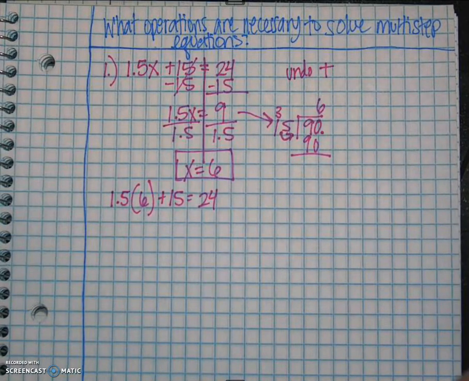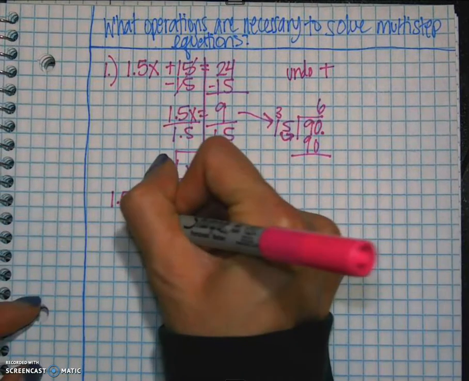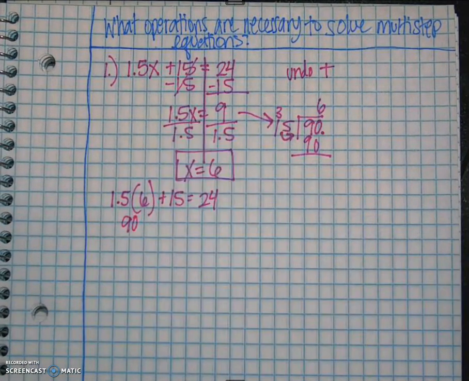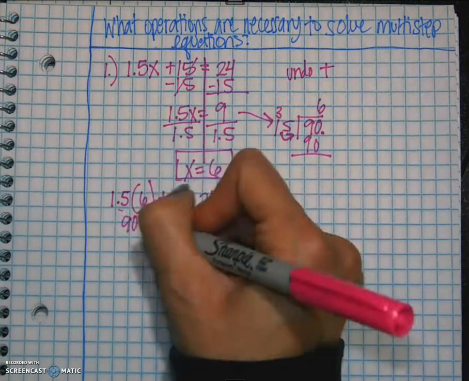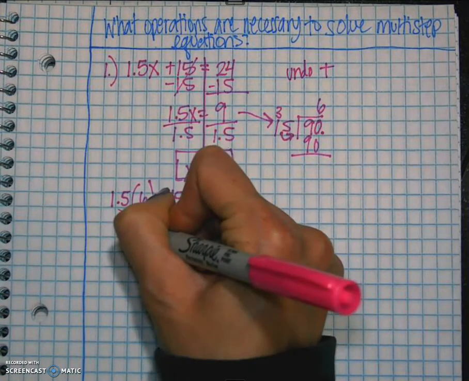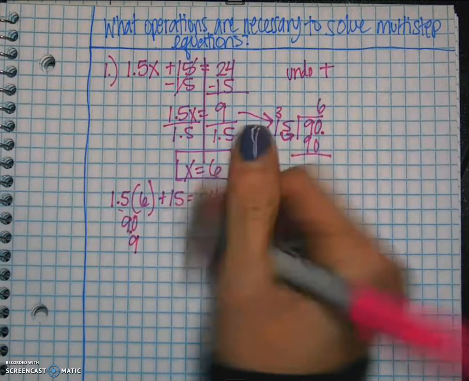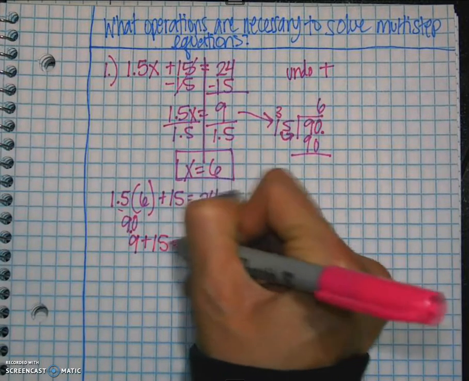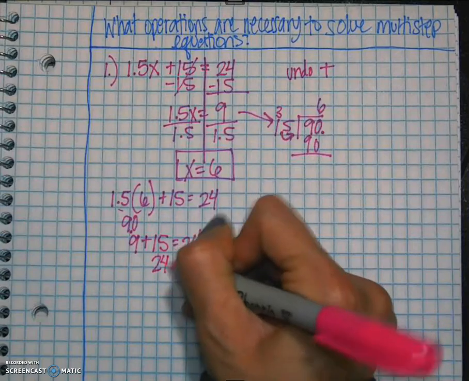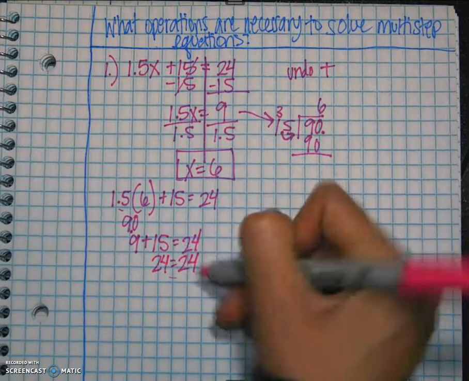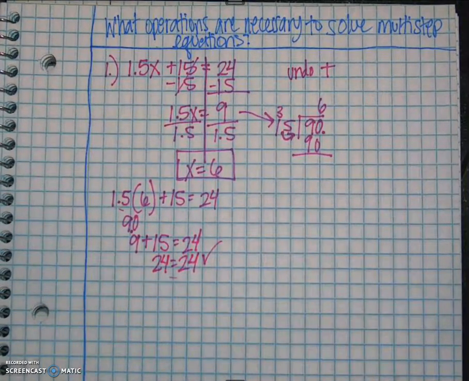Well, we just talked about that. But remember, you have the decimal, so you have to move the decimal 1, so it's not 90, it's actually 9.0, or just 9. And then you have 9 plus 15 equals 24. Well, 9 plus 15 is 24. 24 equals 24. You checked it, you did it correctly.